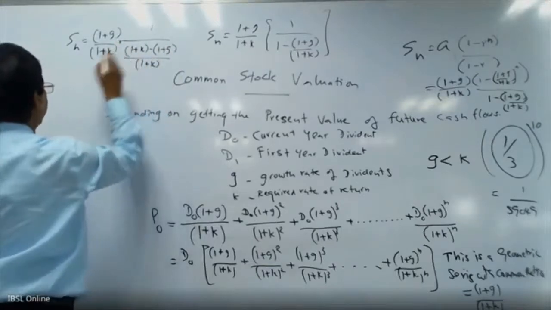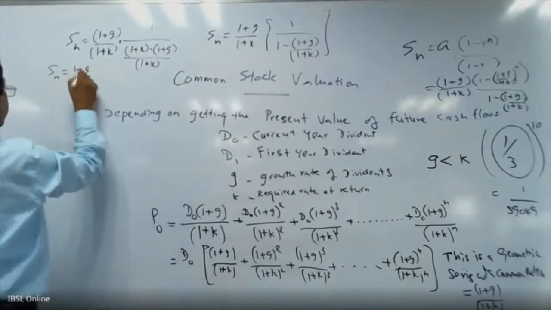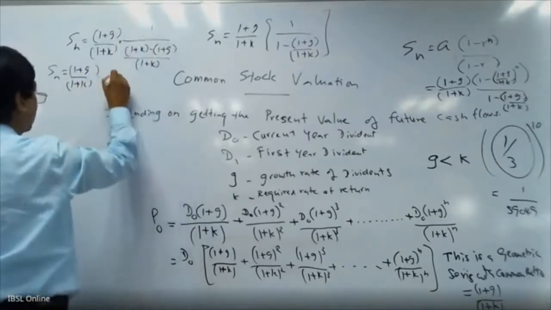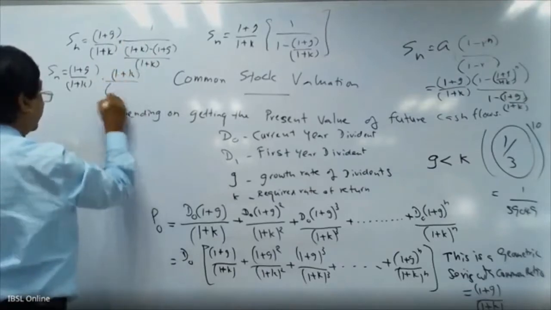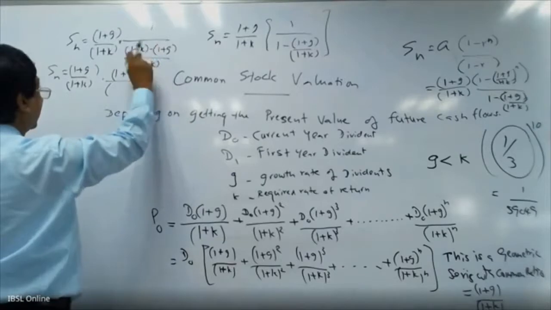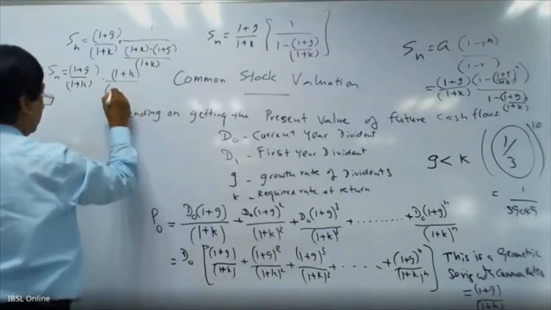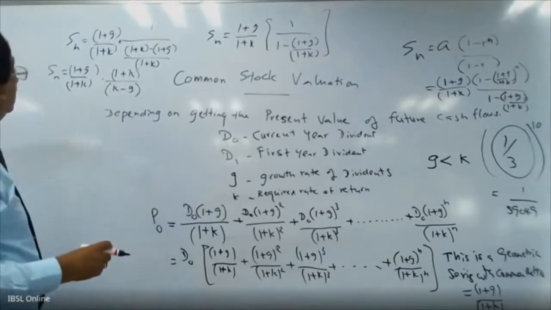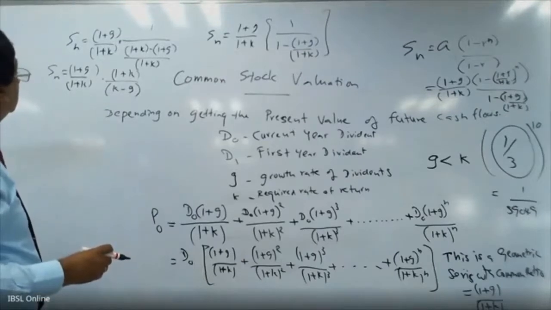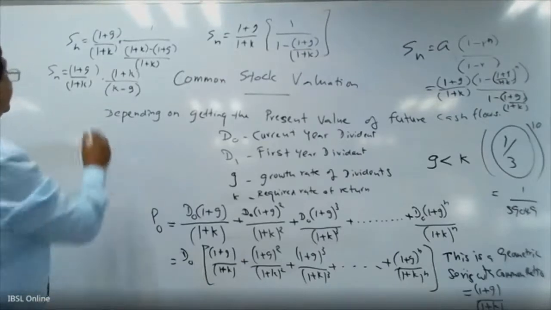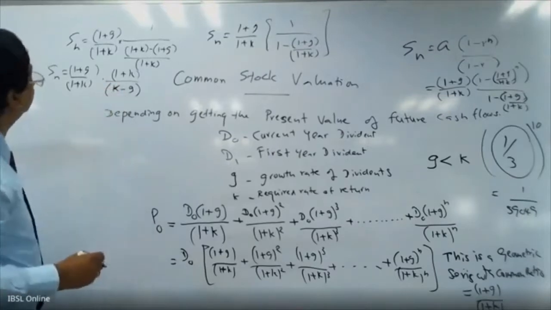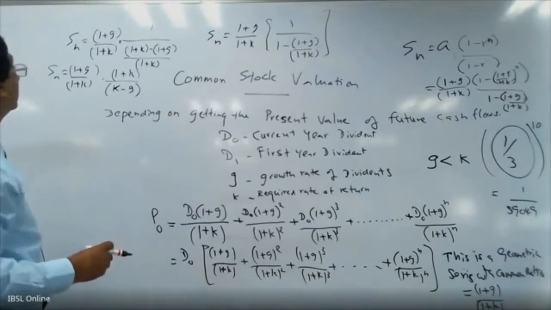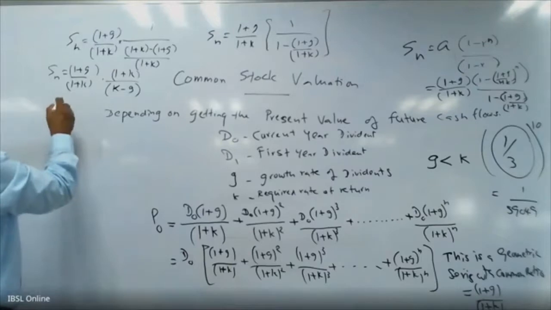Now this is what you get. Then later on you get this 1 plus G, 1 plus K. 1 plus K goes to the upper level, and you get here 1 and 1 cancelled, K minus G. Yeah. K minus G. So then you can cancel off these things.